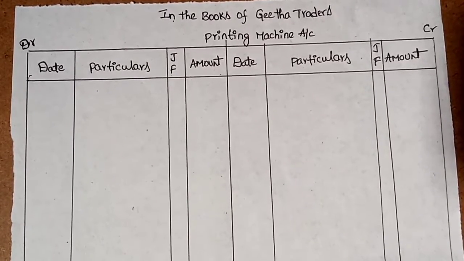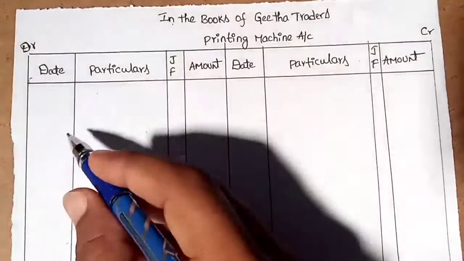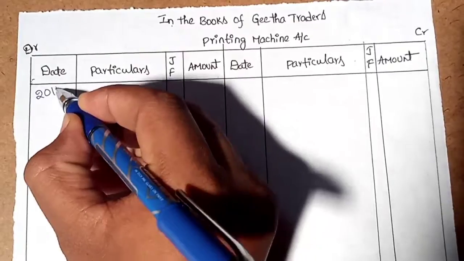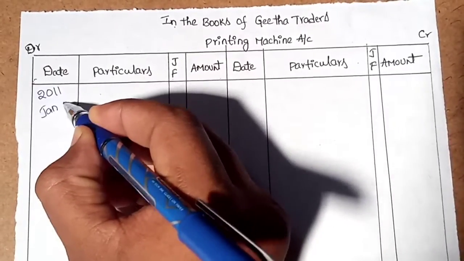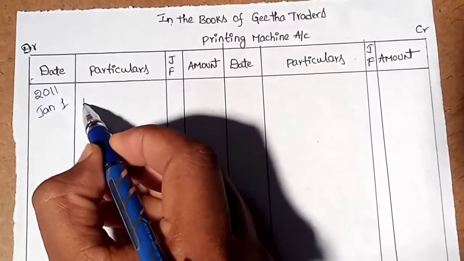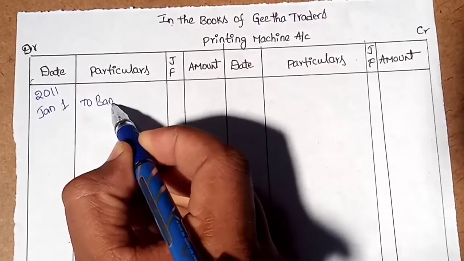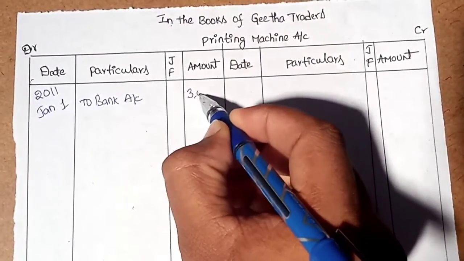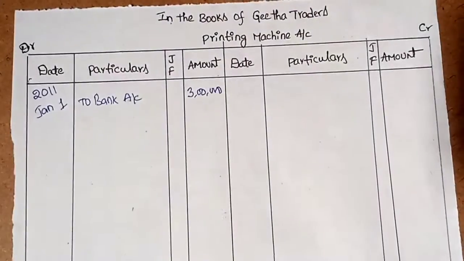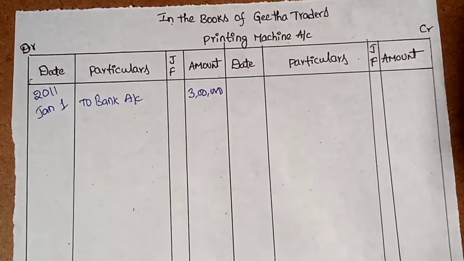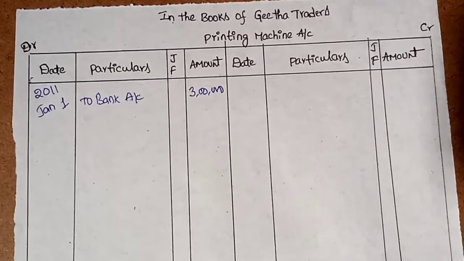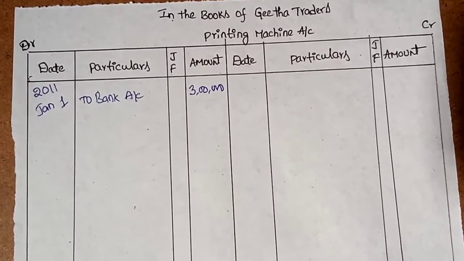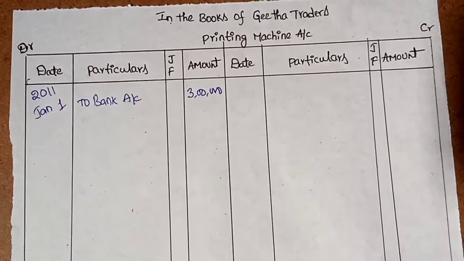For this transaction, we will post on the debit side of the printing machine account: 2011 January 1st, to bank account, 3 lakh rupees. We know that when an asset is purchased, we should post on the debit side of the asset account as to bank account.